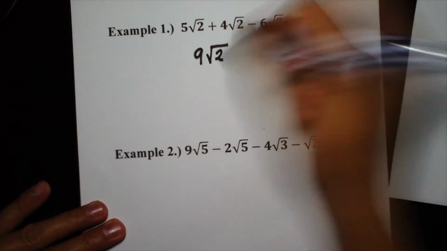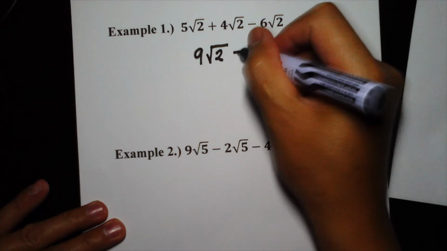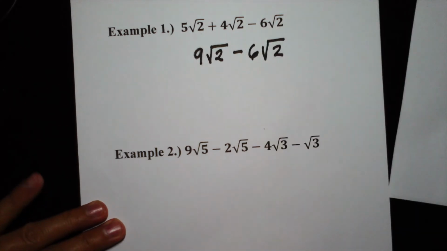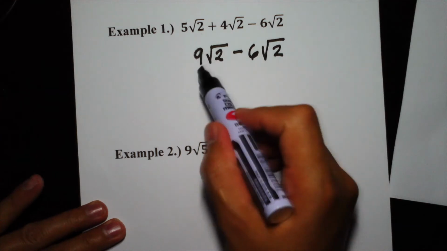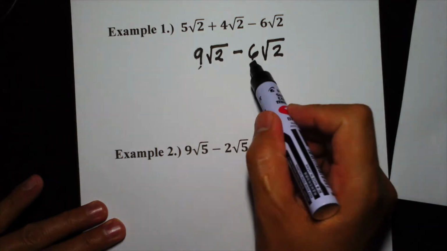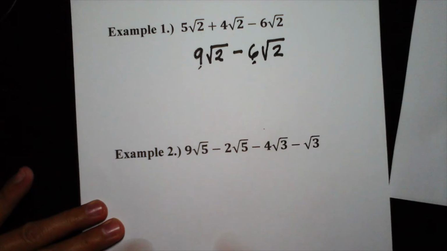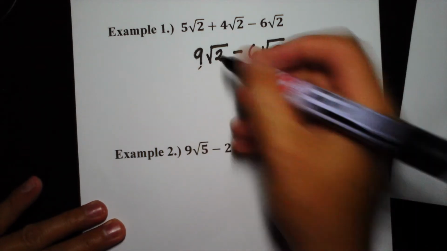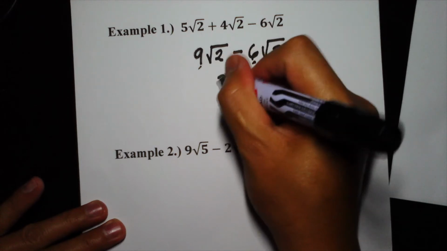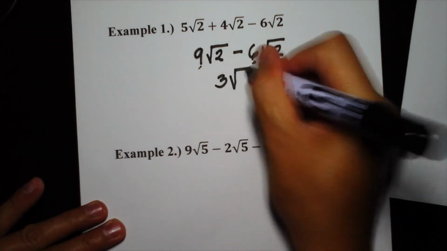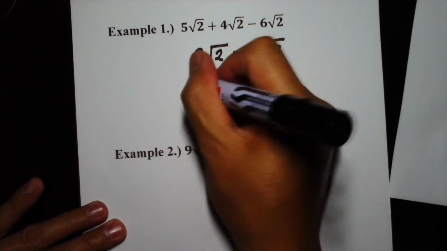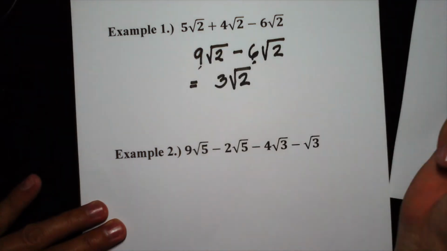So we have 9 square root of 2, then minus 6 square root of 2. Then we will subtract: 9 minus 6 is what? 3 square root of 2. Just copying the square root of 2. Simple. That is now the addition and subtraction of radicals.